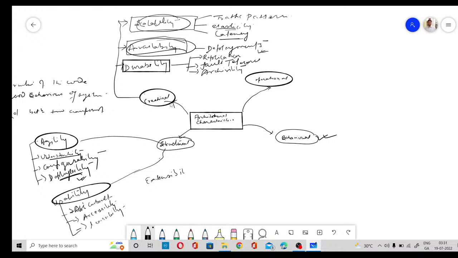Whether your application is modular, whether your application is component based, whether your application has a reusability concept, whether your application has pluggability or not. And whether it follows the SOLID principles or not, in simple language.